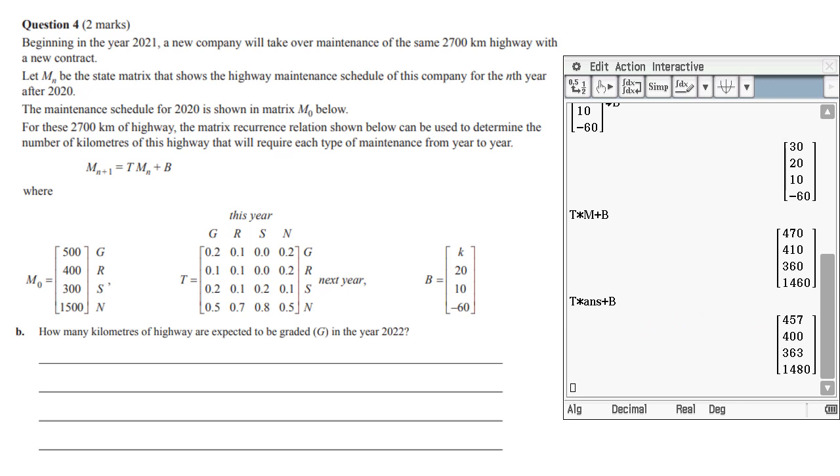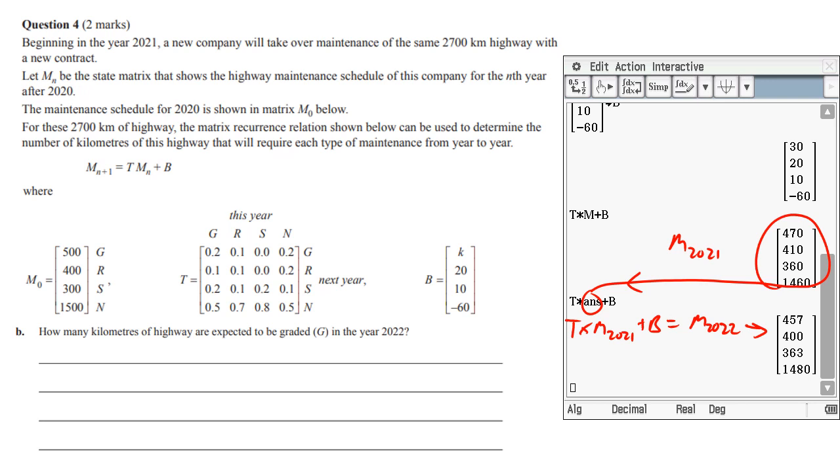And we said that T times M2021 plus B equals M2022, which is this. So the calculator just took that matrix, which was M2021, and shifted it into there. And so there we get our values.